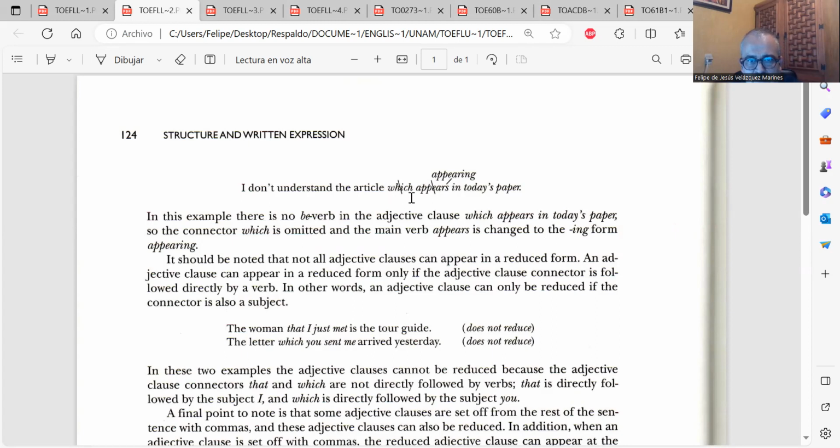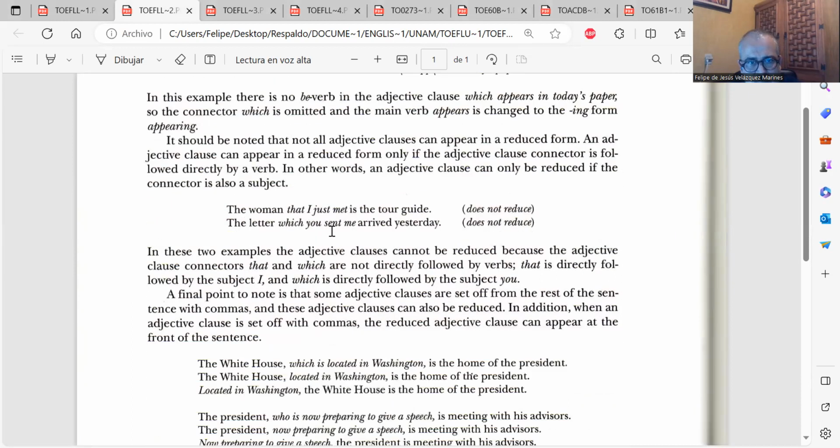I don't understand the article appearing in today's paper. Okay, here there is no reduction because the subject is different. The woman that I just met. You cannot say the woman meeting, just meeting, or just met. Sorry, no, just meeting. Yes. So because there are different subjects, the same happens here.